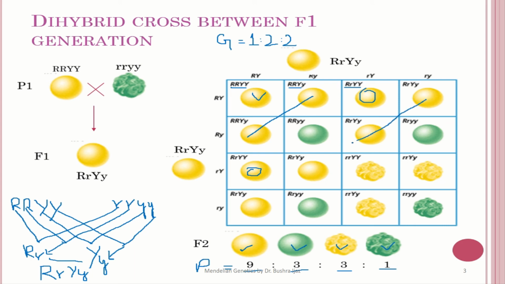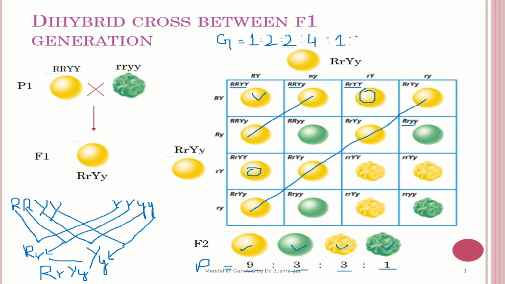And then these 4. I have to draw a line once again. These 4 are heterozygous round and heterozygous yellow. All these 4. So the ratio is 4. And then out of these 3, you can see one is homozygous round and homozygous green. Again, 1. And then 2 of these round green are heterozygous round, homozygous green.